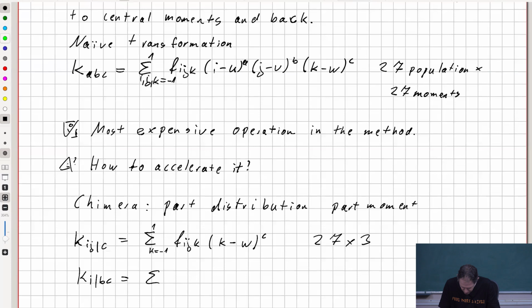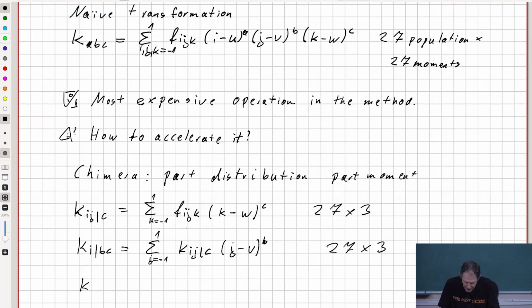Okay. Now, very trivially, you just go on and do this for the y direction, where we sum over j equal to minus 1 to 1. Now we take what we just computed, k_ijc, times (j minus v) to the power of b. Again, we do this 27 times 3.